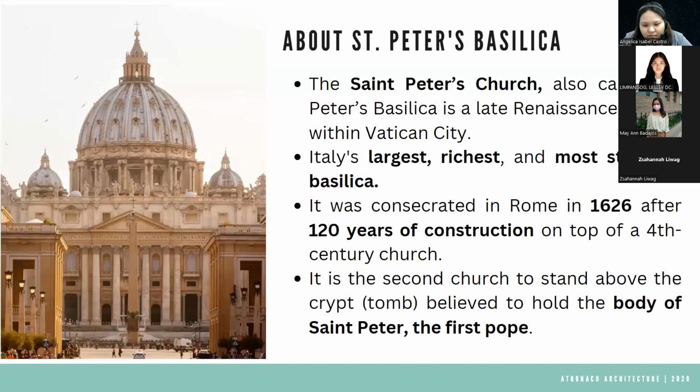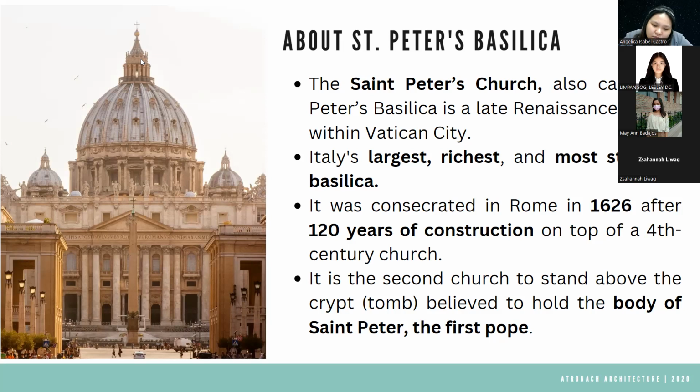So, about St. Peter's Basilica. St. Peter's Church, also called St. Peter's Basilica, is a late Renaissance church within Vatican City, Italy's largest, richest, and most stunning basilica. St. Peter's Basilica is the outcome of the works of different architects under the direction of the Pope.